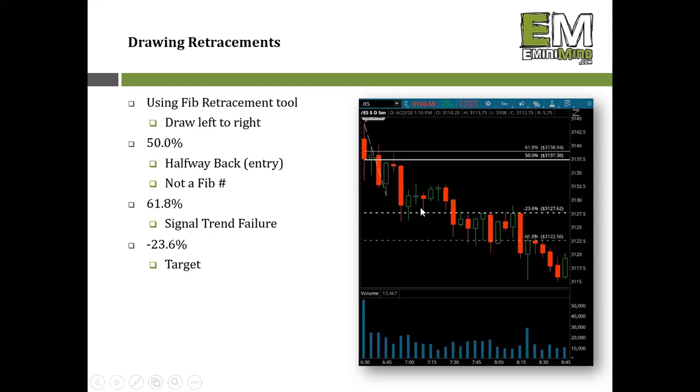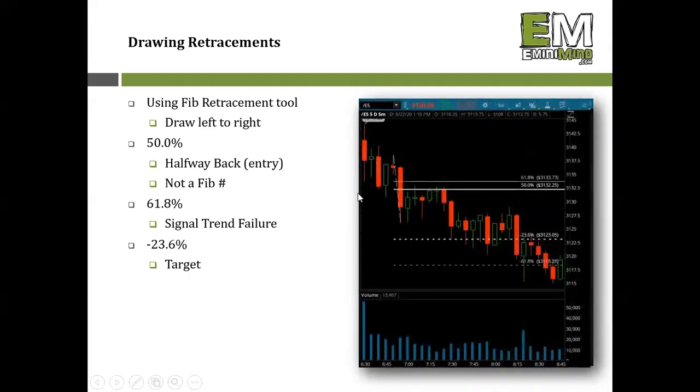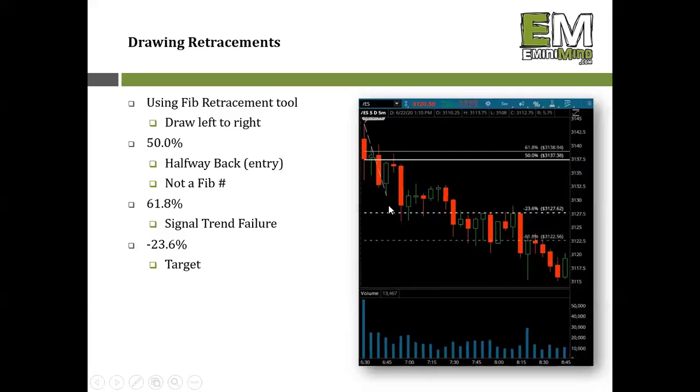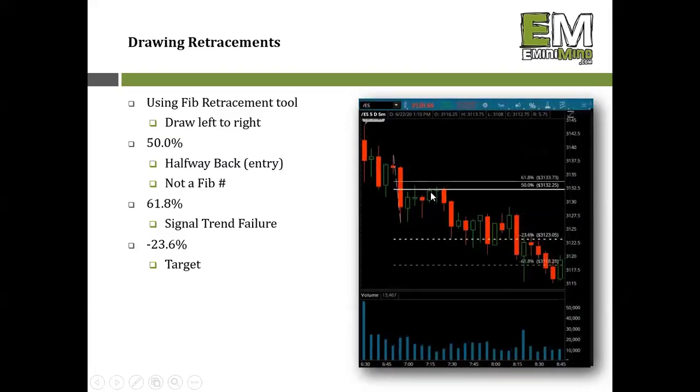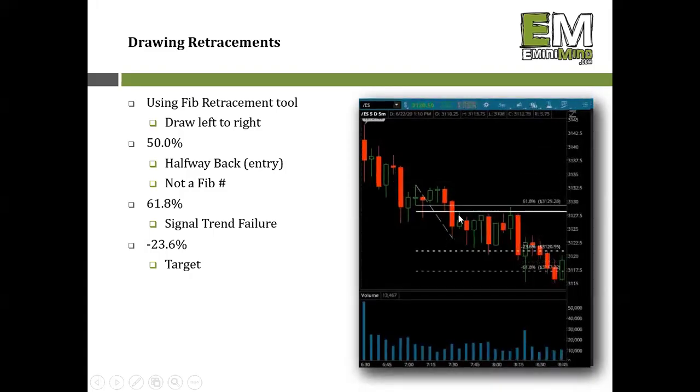And in doing so, it creates this next lower low and lower high situation where you're continuing to trade in the direction of the trend, whether you're getting out at the negative 23 and then re-entering at the 50%, and then getting out at the negative 23 and then re-entering at the next 50%.